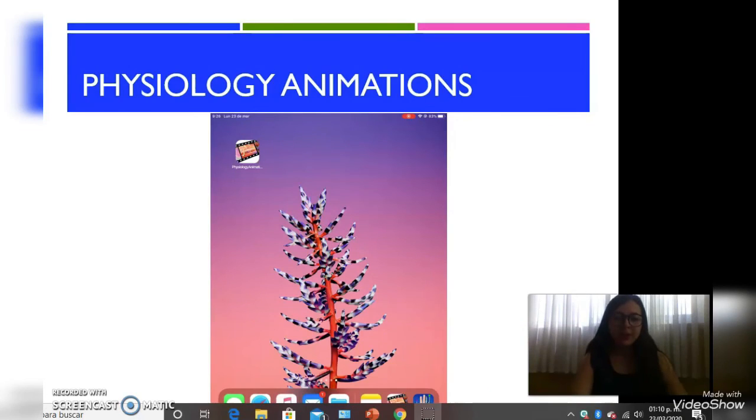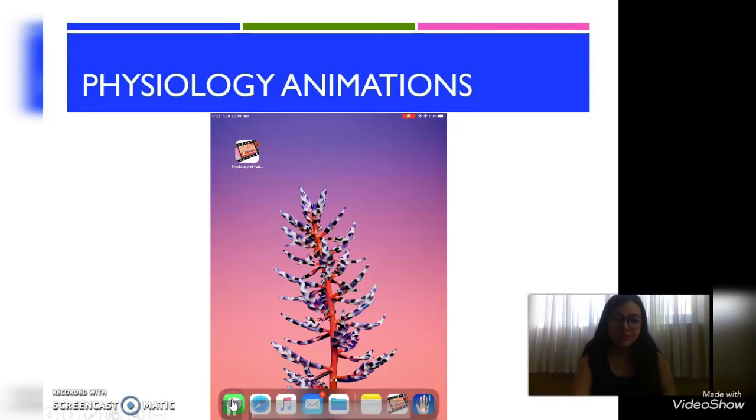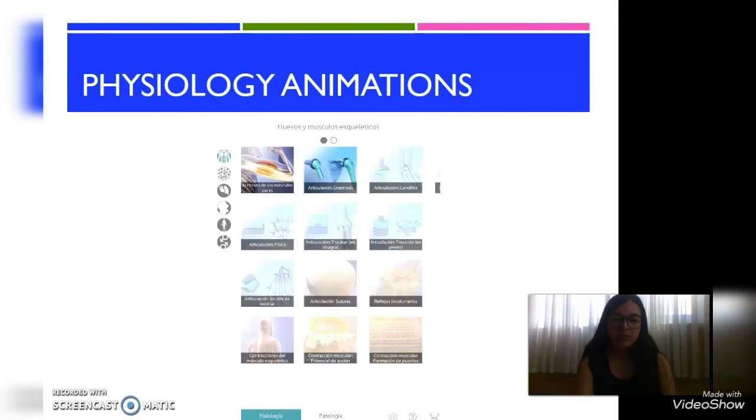Now, the next application is Physiology Animations. Where we can find the section of physiology and pathology, as well as the section of bones and muscles.